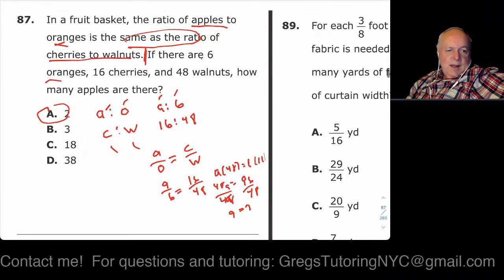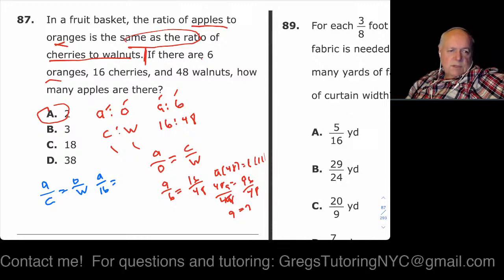So we could have set up another proportion instead of this one. And let me change the color just to be clear on doing this a different way. I could have set it up as A is to C as O is to W. Okay, so let's put the numbers in there. We're looking for A, and the cherries were 16, and that's the same as the oranges.